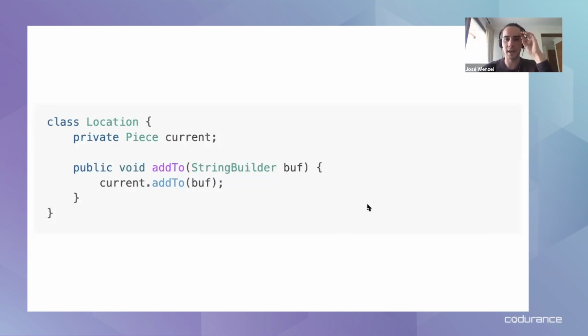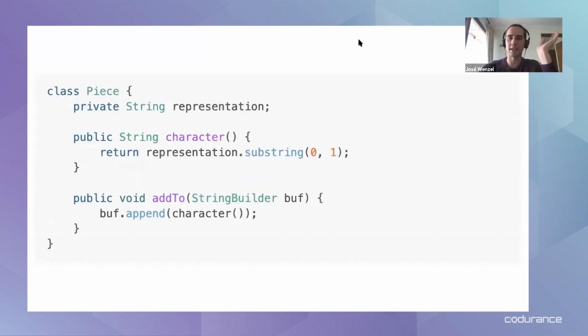We keep it private, and because of this, we need to perform an action on this attribute. So we'll need to add this new method, which is called add_to. It is not location's responsibility to determine how piece will be added. So we need to ask, right? We ask the piece, how do you represent yourself? Because of this, we have this new method, character.